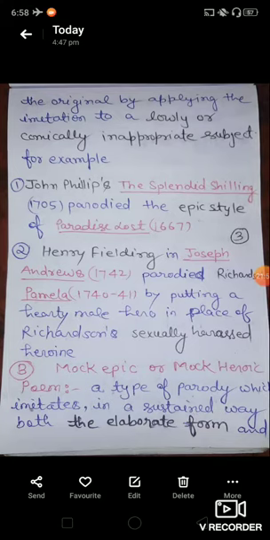So there we have a girl surrounded by people who are trying to sexually harass her. Okay? Pamela, or Virtue Rewarded, was published in 1740 or 41.